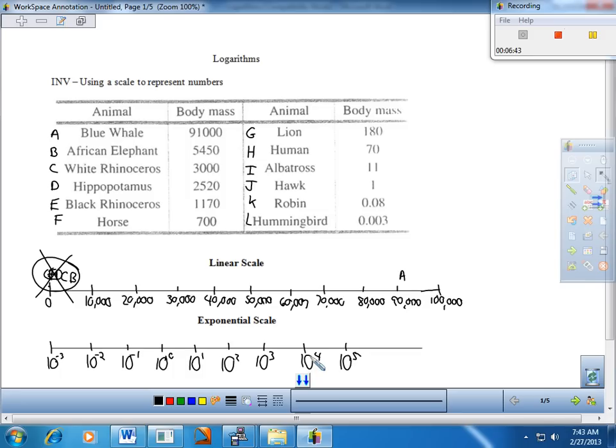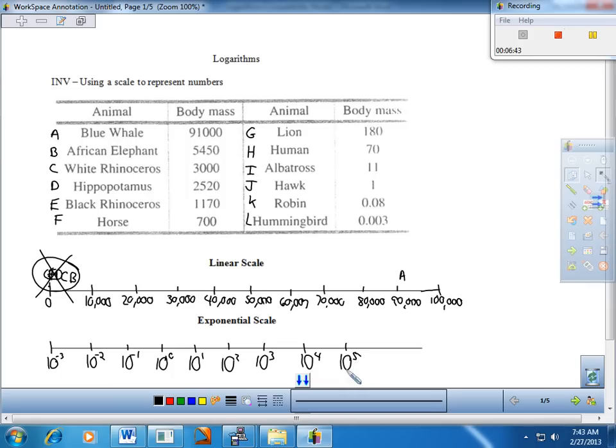Let's think about it just for a little bit here. 91,000, guys, the blue whale. Let's figure out where that fits in terms of our powers of 10. I think I left off when I was talking about this at 10 to the fourth would be 10,000. 10 to the fifth, everybody, of course, would be 100,000.